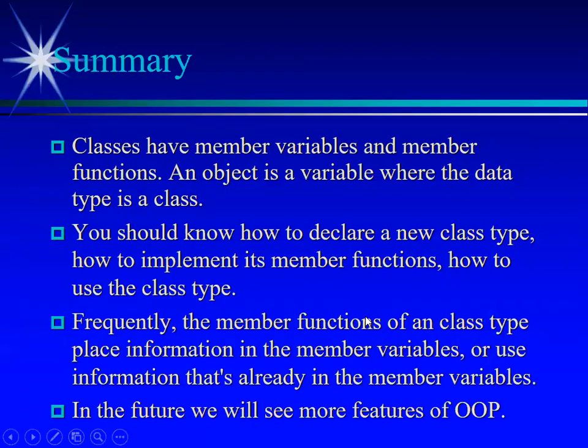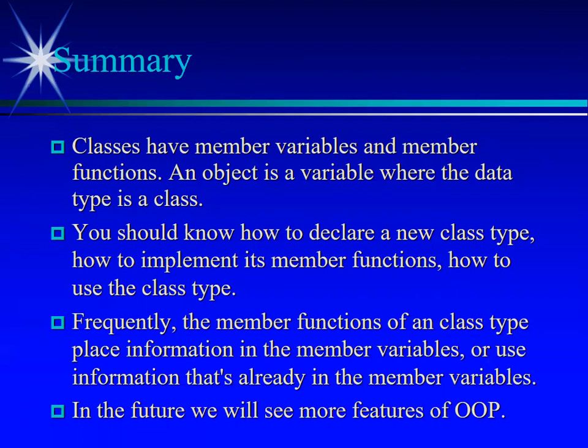Basically, in summary, classes have member variables and member functions, and an object is a variable whose data type is a class. Classes may have multiple variables and multiple functions.